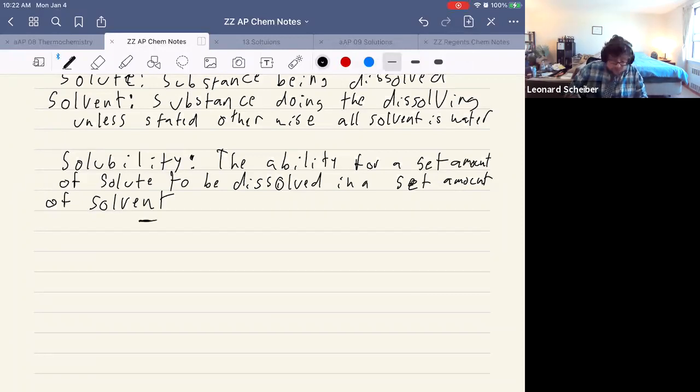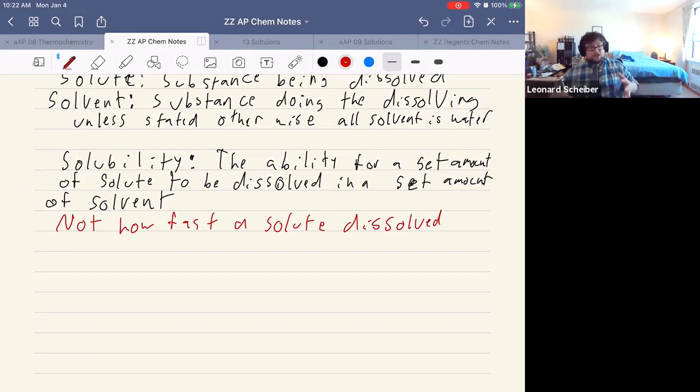Very important to note that solubility is not how fast a solute dissolves. It has nothing to do with how quickly you can dissolve something. It all has to do with the amount of solute per amount of solvent.